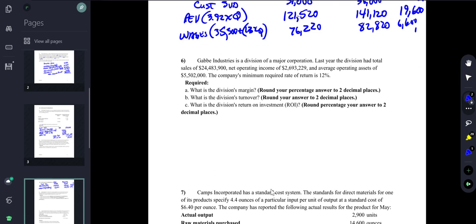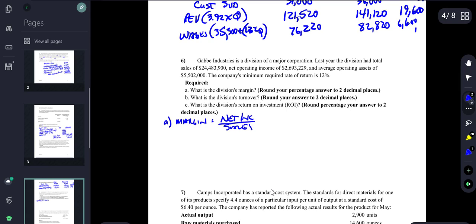Okay, with number 6, they want us to calculate these ratios from chapter 11. The first thing they want us to do is calculate the division margin. For letter A, margin is equal to net operating income divided by sales.